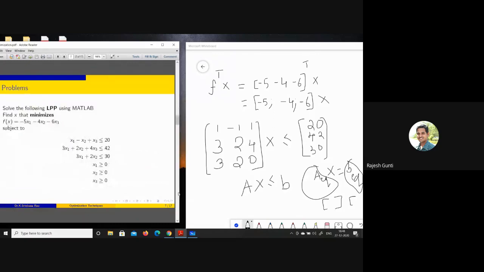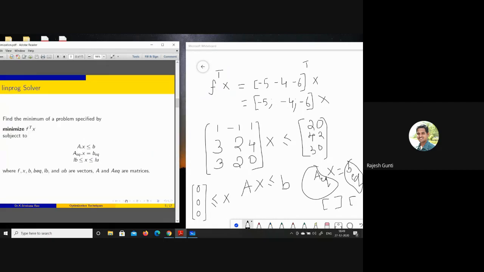This is nothing but 0, 0, 0, this null matrix, less than or equal to x1, x2, x3, that is x. This is the lower bound. Lower bound is 3 rows, 1 column. That is the meaning of this one.